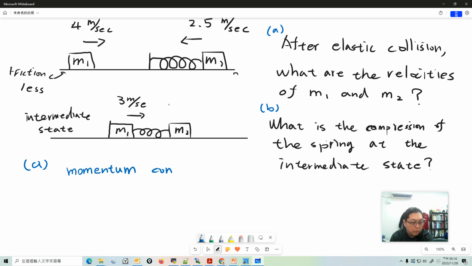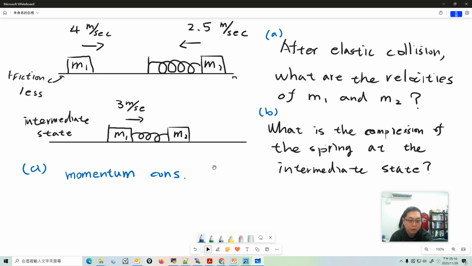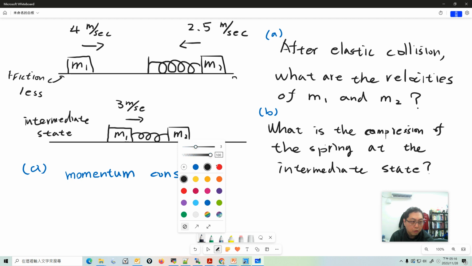Momentum conservation. Because the system is isolated. Once the system is isolated, the momentum is always conserved. That's a very important and vital concept in physics. And also we don't have any detailed internal forces.